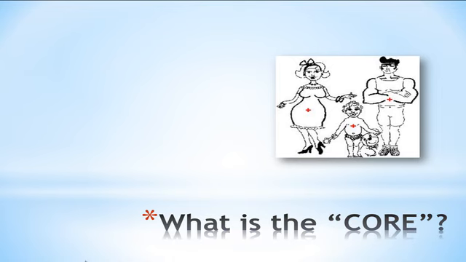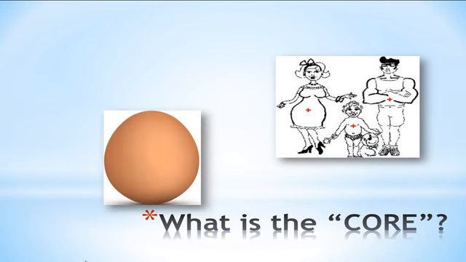So when I'm looking at stability, having a base is really something as simple as looking at an egg. When I look at that egg, the shell really provides the stability to the yolk on the inside.